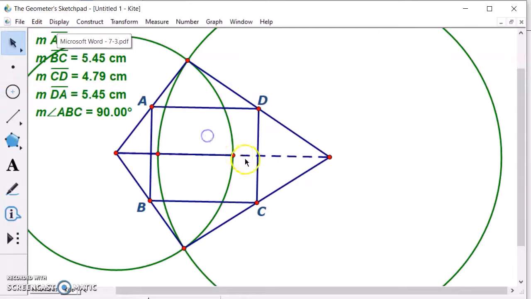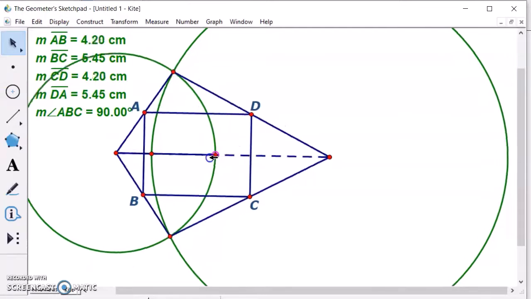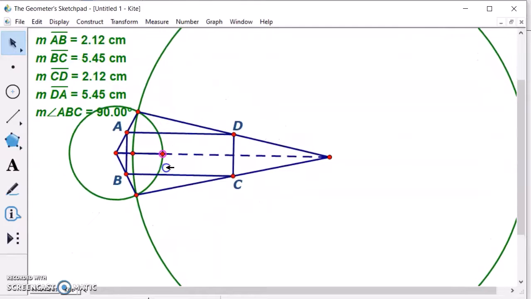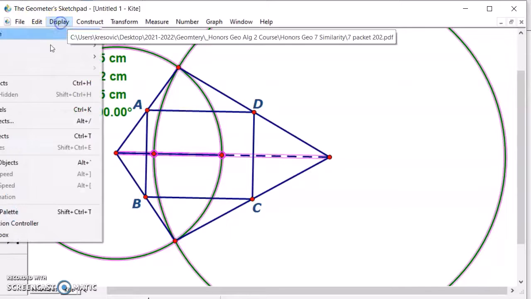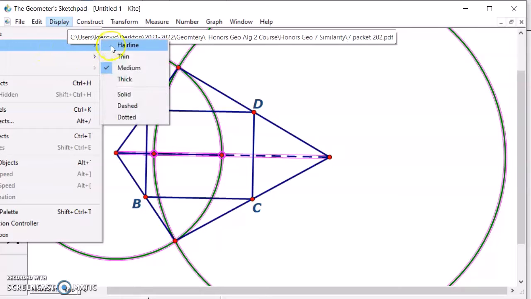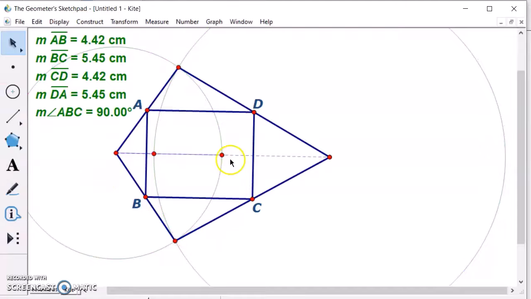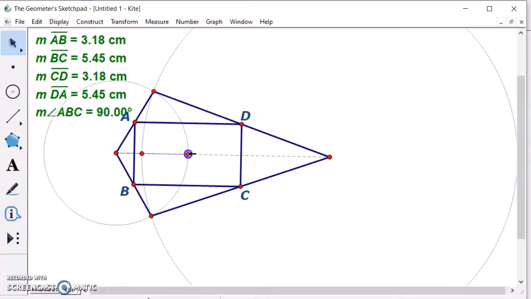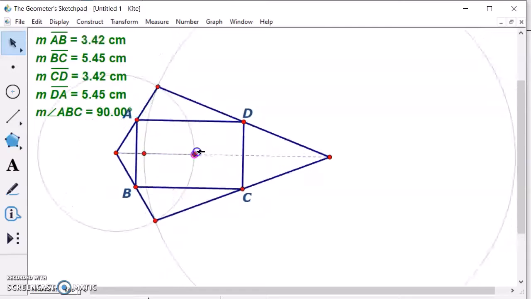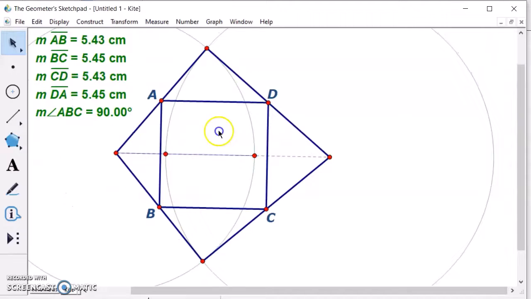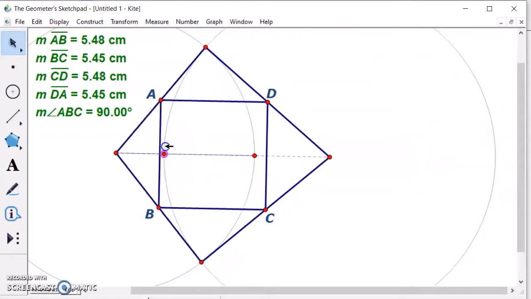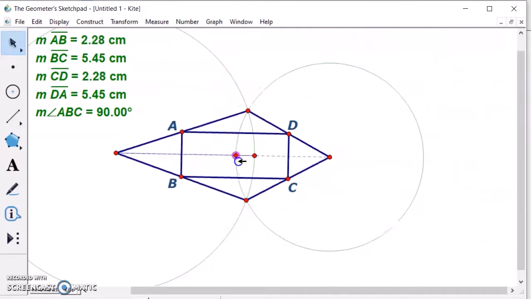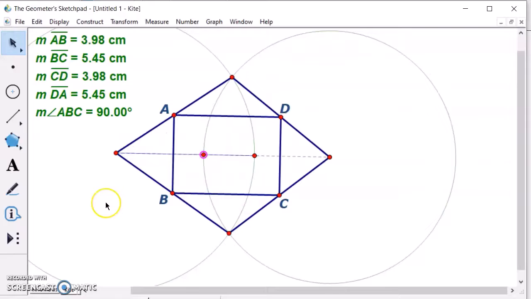This is the point that I need to move. So let me make one visual modification. There we go. It'll be a little easier to see the numbers then. So no matter what I do to this kite now, what shape is formed when we join the consecutive midpoints?